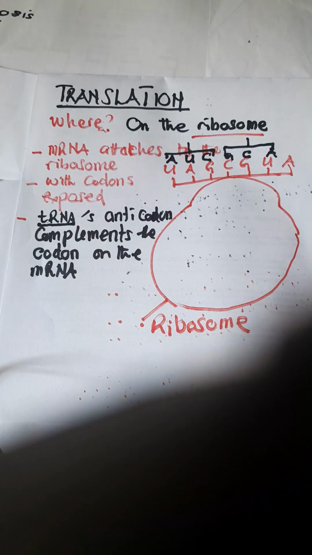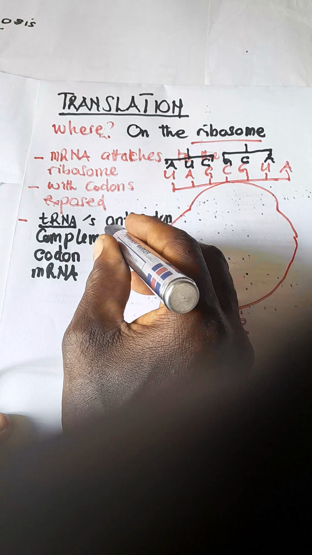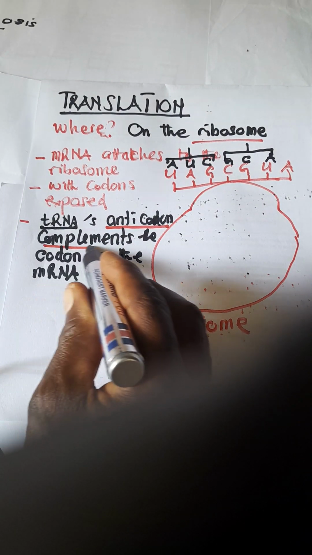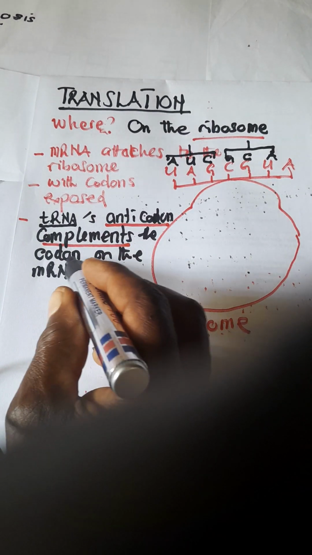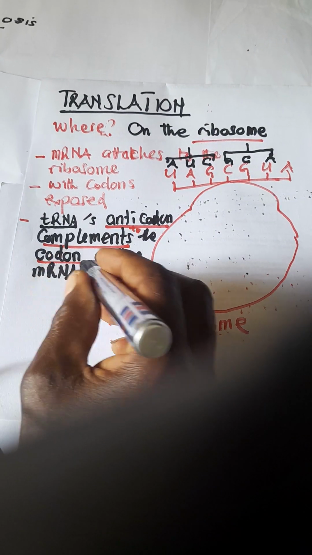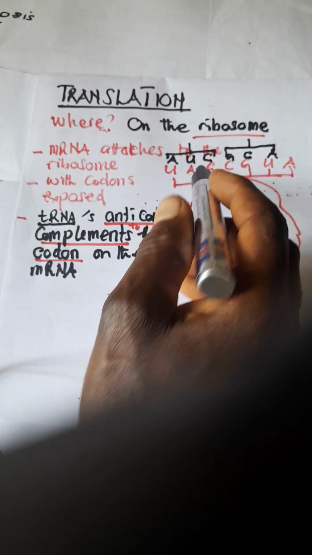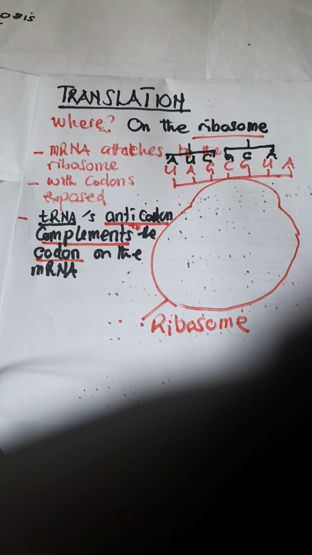tRNA, these triplet bases, they are called the anticodons. And the anticodons are complementary to the codons. Right. So as you can see here, I've got 2 anticodons which actually pair up with the codons. Right.